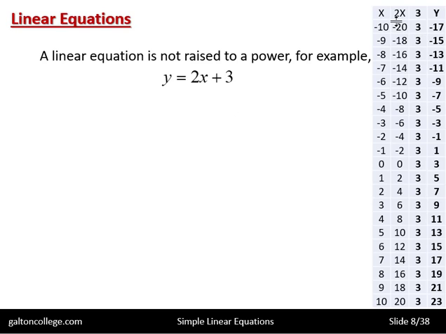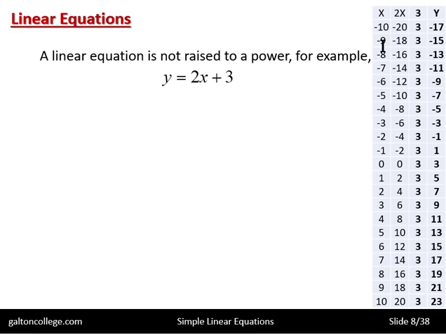Now if you look here, 2x is -20 and we've got a 3. So -20 plus 3 is -17. -18 plus 3 is -15. -16 plus 3 is -13. So we've now got a column for y.